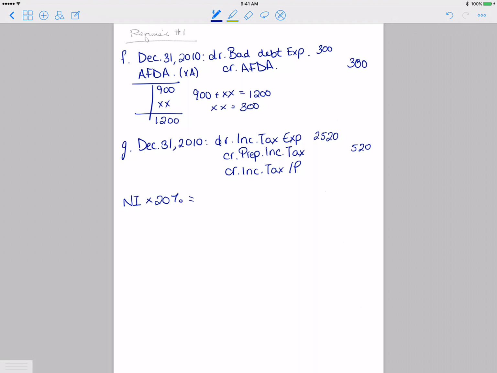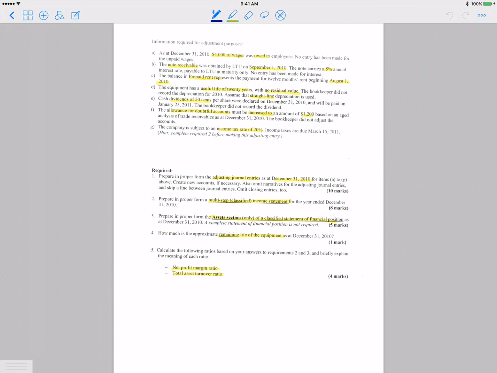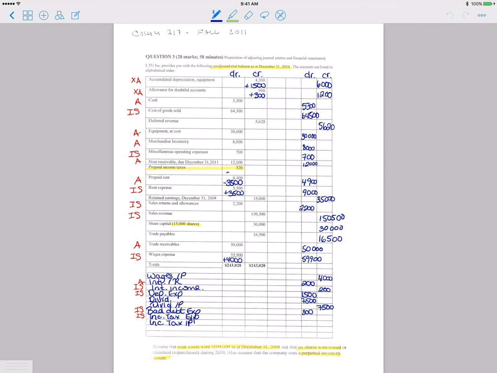So here we know that we had to calculate, once again, I'll write it down, at a rate of 20%, gives me $2,520. And then to get the income tax payable, we simply subtract 520 from it and get 2,000 and just put that right in there. We can also go back into here and adjust these accounts.